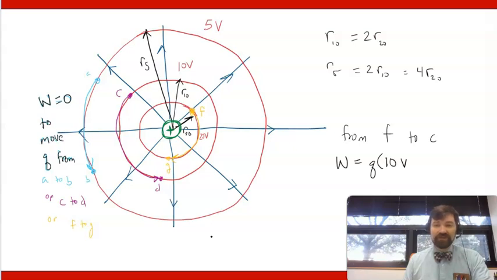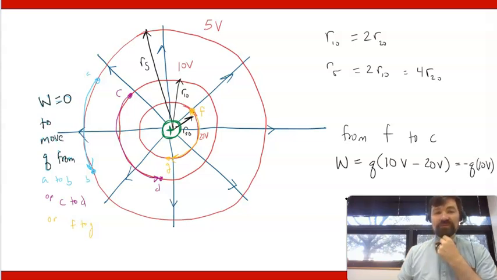So you could write it as 10 volts, the final, minus 20 volts, the initial, which is essentially negative Q times 10 volts of work. So you don't have to do work, the system will do work for you. But if you wanted to go from C to F, you would have to put in 10 volts times the amount of charge you're moving from C to F. And likewise, if you wanted to go from A to C, you'd have to put in 5 volts times the amount of charge you're moving from A to C.